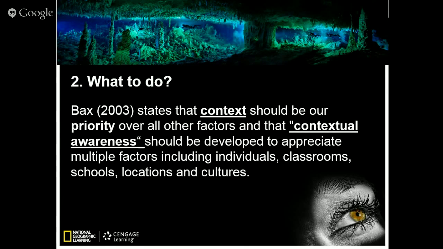In 2003 it states that context should be our priority over all other factors, and that contextual awareness should be developed to appreciate multiple factors, including individuals, classrooms, schools, locations, and cultures, meaning that it's not only about teaching a class and teaching vocabulary and teaching grammar rules, but also about taking into account the context of the student. Okay, what is my student aiming for in the future?